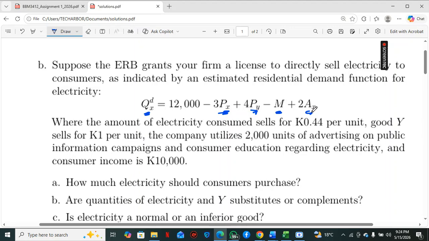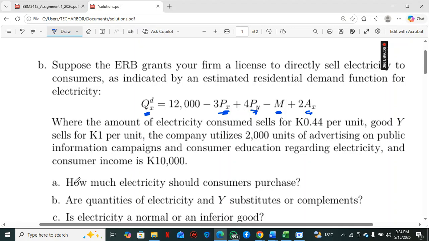Okay, yes. Where the amount of electricity consumed sells for 0.44 kwacha per unit and good Y sells for 1 kwacha per unit, the company utilizes 2,000 units of advertising on public information campaigns and consumer education regarding electricity, and consumer income is 10,000 kwacha. Okay.